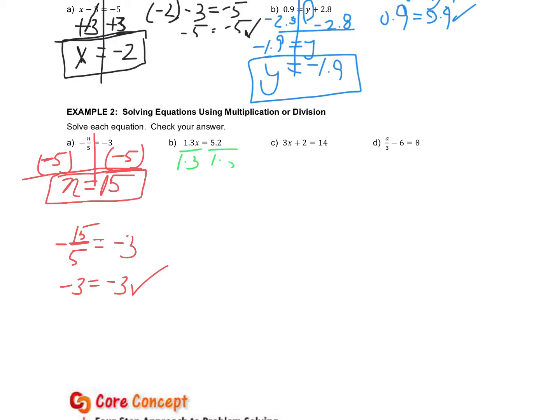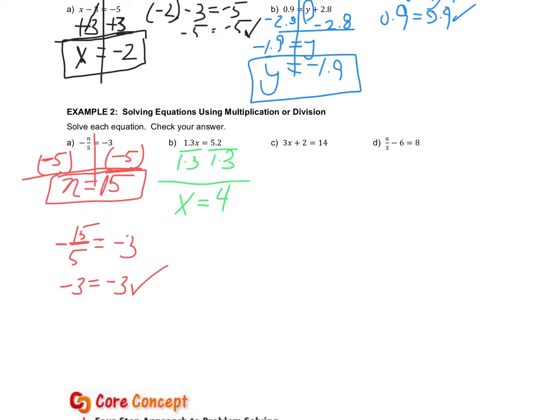We just saw in the previous example that that means to divide. So if I do 1.3x divided by 1.3, I get 1x. And that's what we're looking for. 1x is the same thing as x. 5.2 divided by 1.3 is 4.